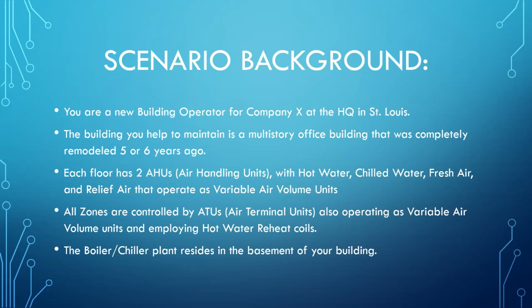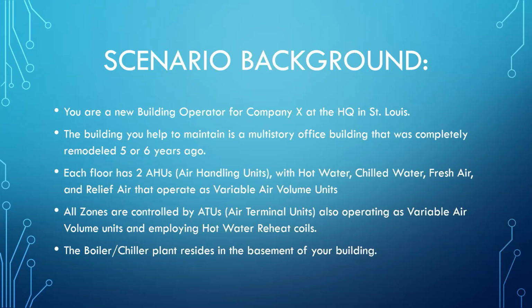Each floor of the building has 2 air handling units with hot water coils, chilled water coils, fresh air intake, and relief air or exhaust air. Each air handler operates as an independent unit, but feeds a number of air terminal units, 20 or so units per air handler, 30 to 40 air terminal units per floor.